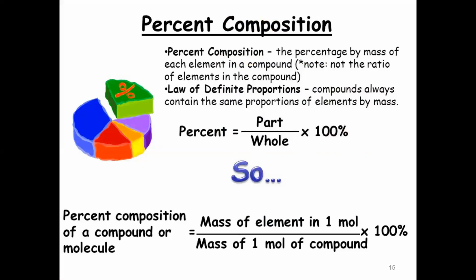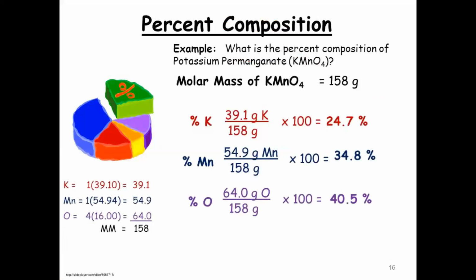And then you can infer what it would be for chloride, all right? So here as an example, potassium permanganate, you can look at the periodic table at the mass of potassium, manganese, and oxygen, and you can figure out how much, relatively speaking, you have of each of those in your molecule, right?